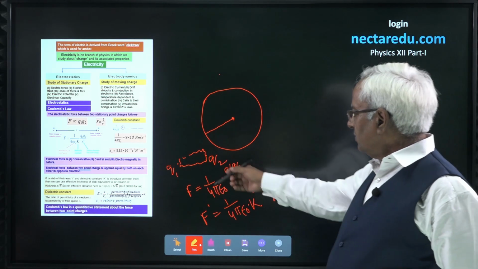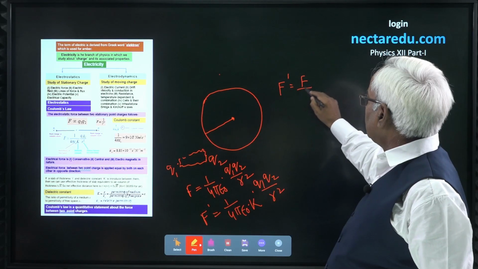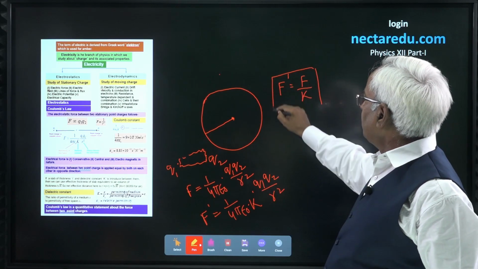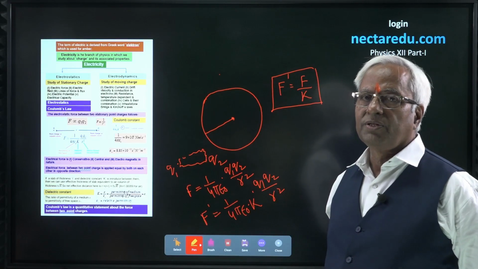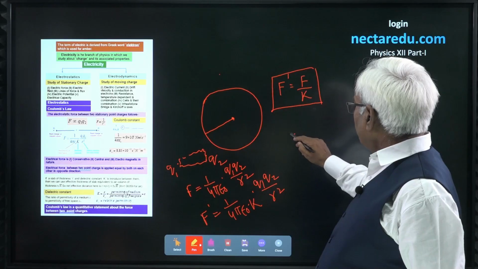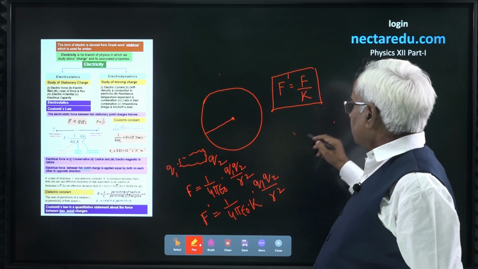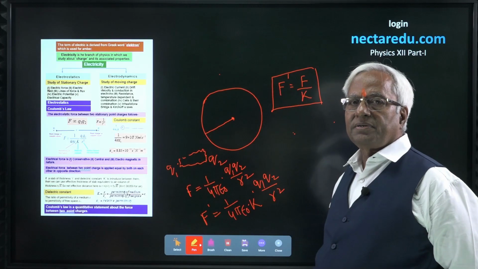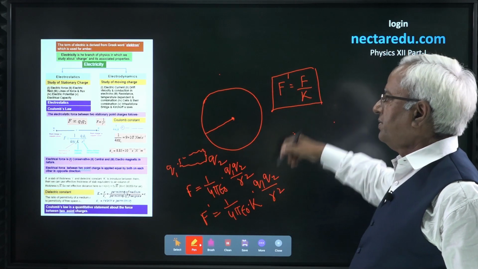In that case, the force is reduced to 1 by k times the initial value. Initial value here means the force that was existing when there was no medium between them. One very important characteristic of electric force is also that it is not affected by the introduction of any additional charge surrounding it.